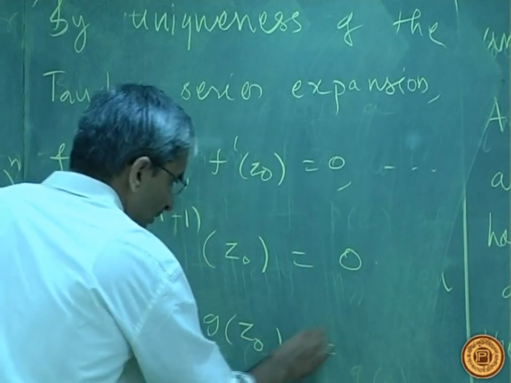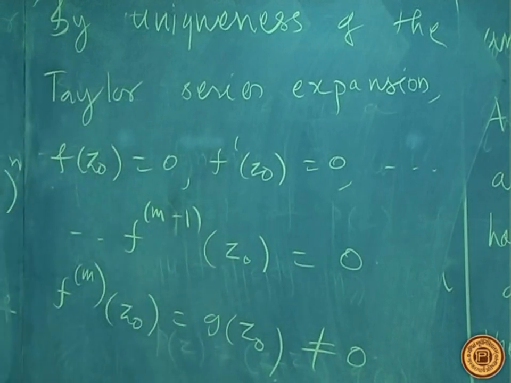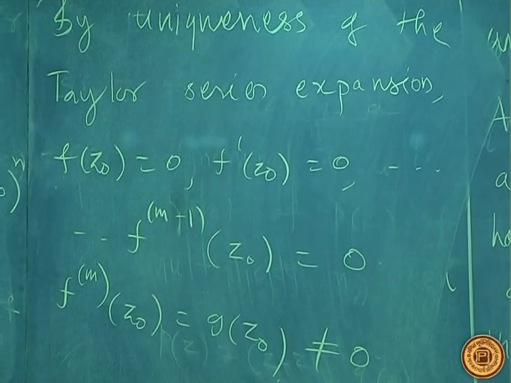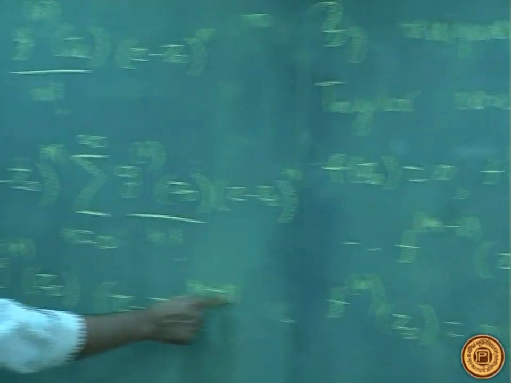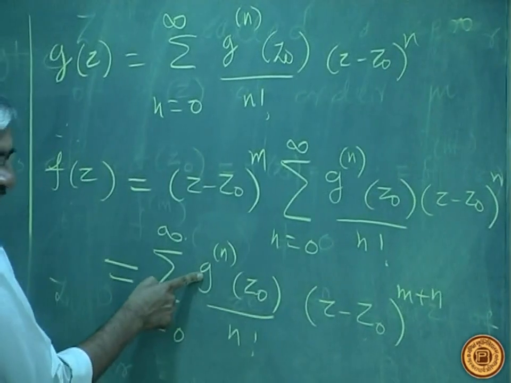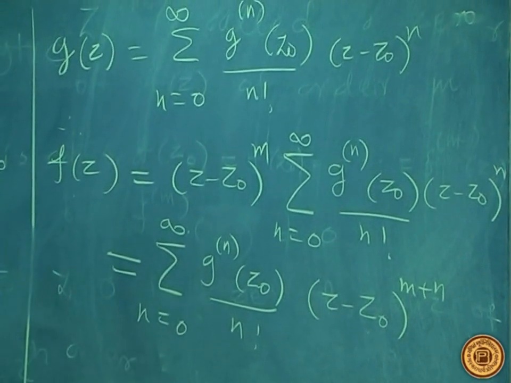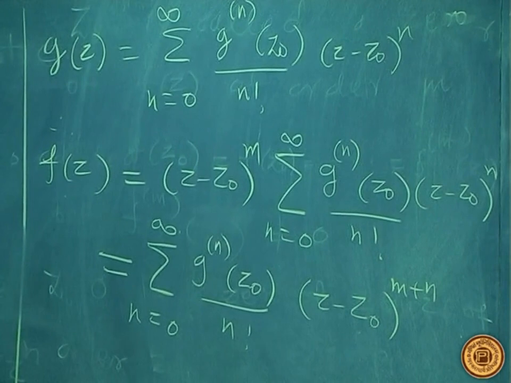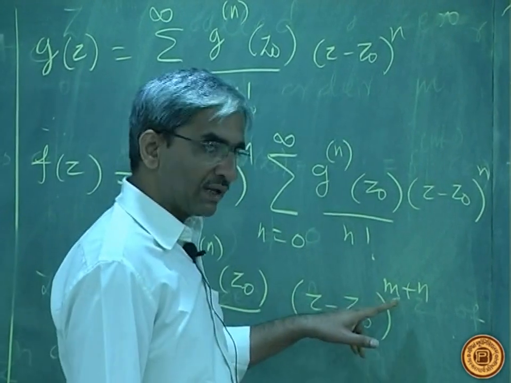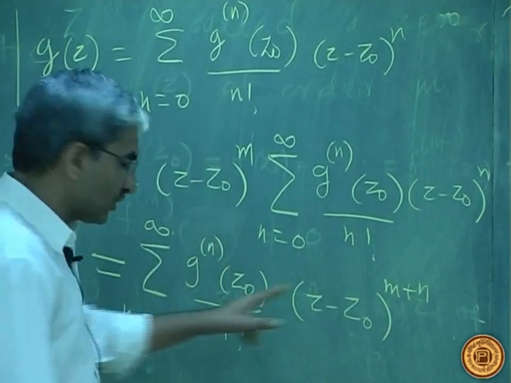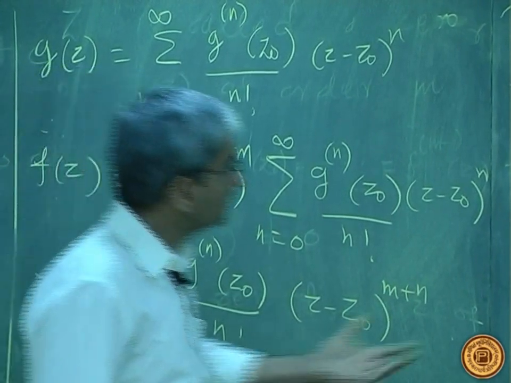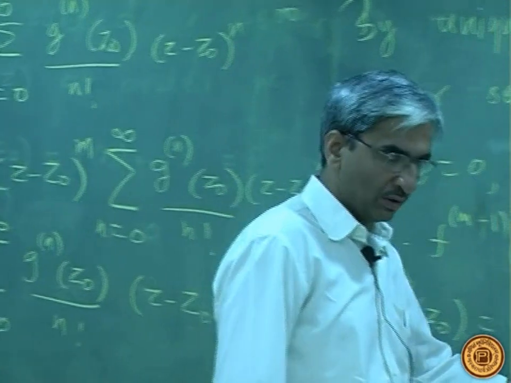See again, the coefficient of (z minus z0) to the power m is nothing but putting n equal to 0. So that is g(z0). But g(z0) is already non-zero. That means the coefficient of (z minus z0) to the power m in the Taylor series expansion of f is the mth derivative at z0 upon factorial m. So this must be equal to this, but this is already non-zero.